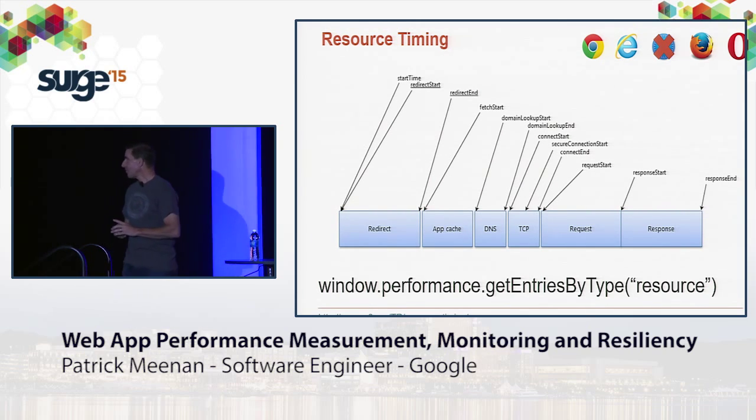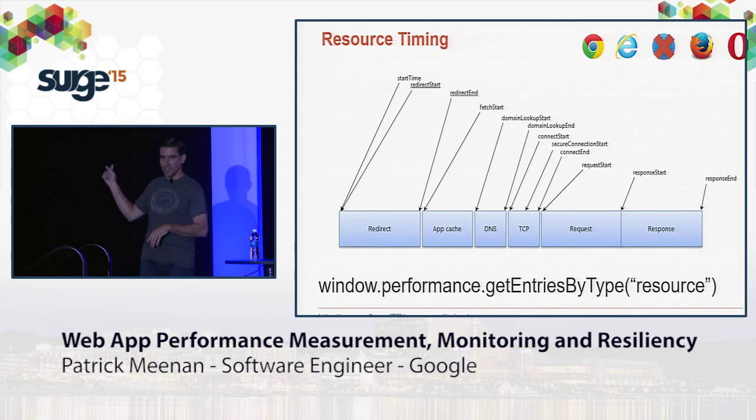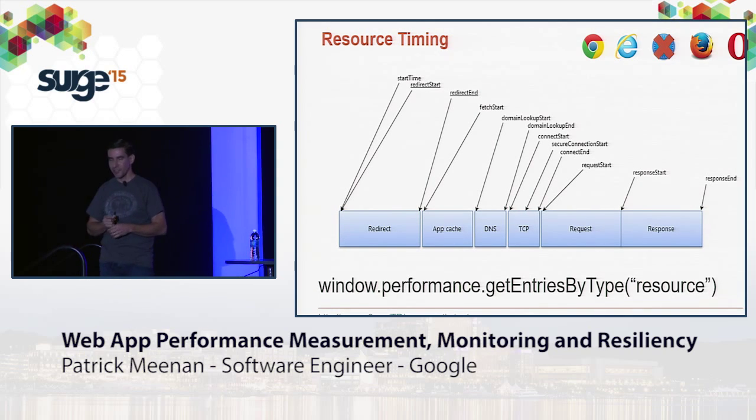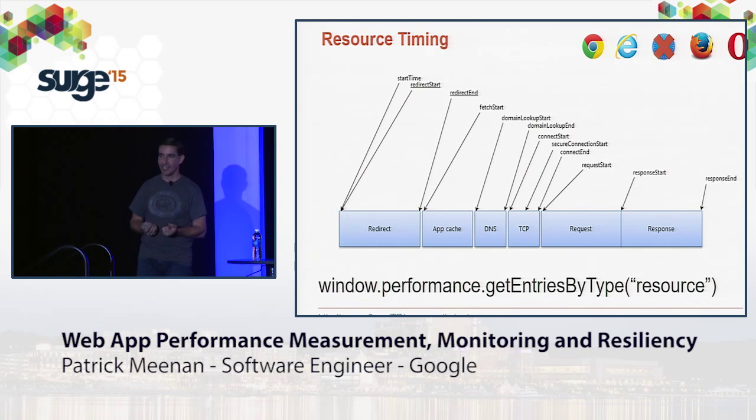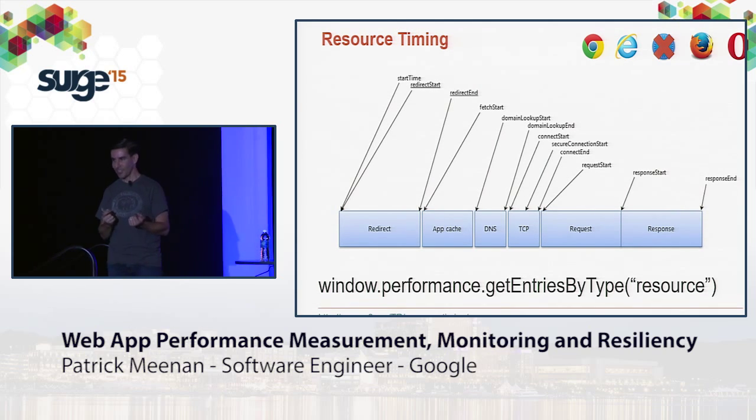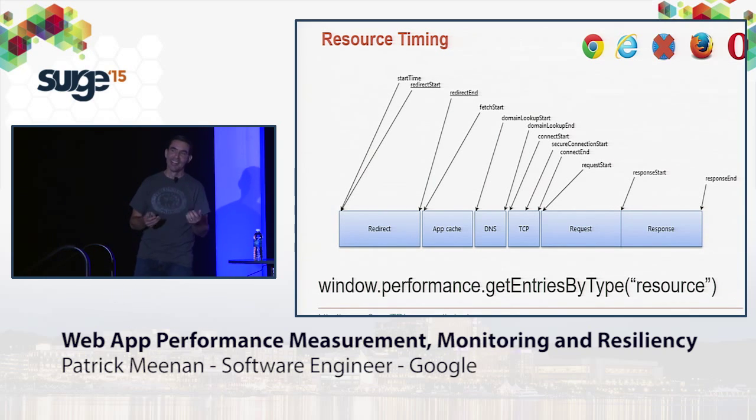That's a lot of data. Let's say on average you've got 150 requests on your pages. I know some of you are worse than that, some may be better, but you don't necessarily want to be beaconing up performance data for 150 requests.